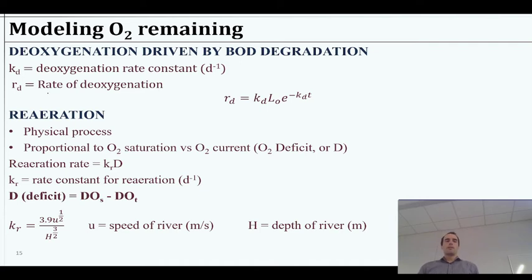And so then we could say the rate at which deoxygenation occurs is equal to Kd times that L naught, the total that was there, times e to the minus kdt. So not going to bother deriving that. That's just an equation that we have. I don't think you'll even need to use that, but that goes into the subsequent integration that I'll show you.